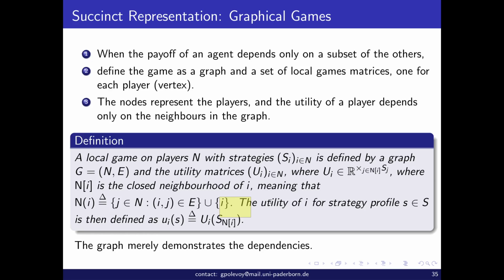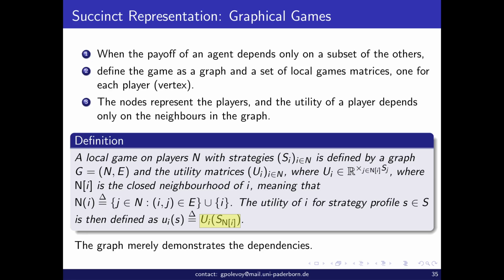And the utility of a player, given a strategy profile for the game, is just the value in this matrix given only the slice of the strategy profile which refers to this closed neighborhood. So this of course saves a lot, if indeed at least most of the dependencies are local.